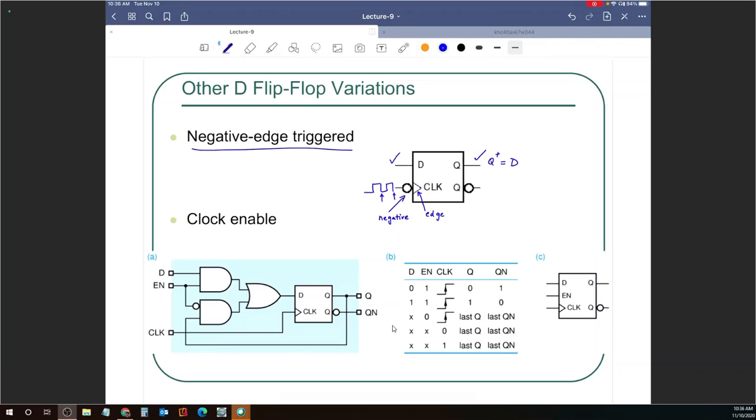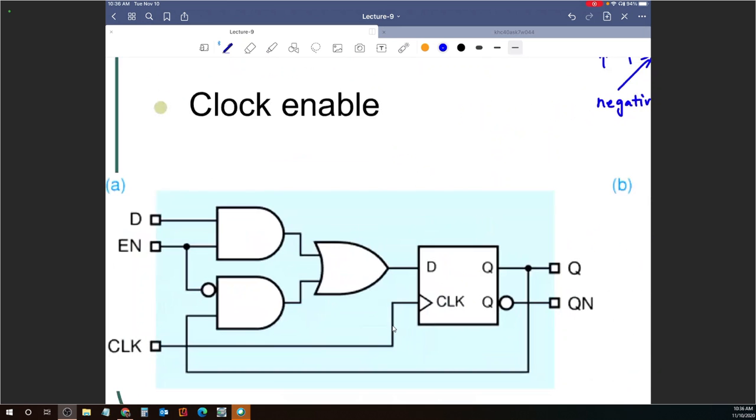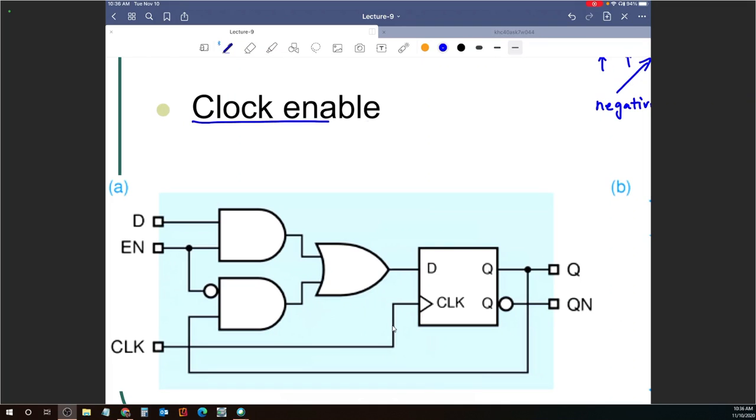Now let's talk about a new input to a flip-flop, which is the enable input, or specifically the clock enable input. You might wonder, okay, why do we need a clock enable? The reason is this. Clock is usually a crystal oscillator on a particular design.